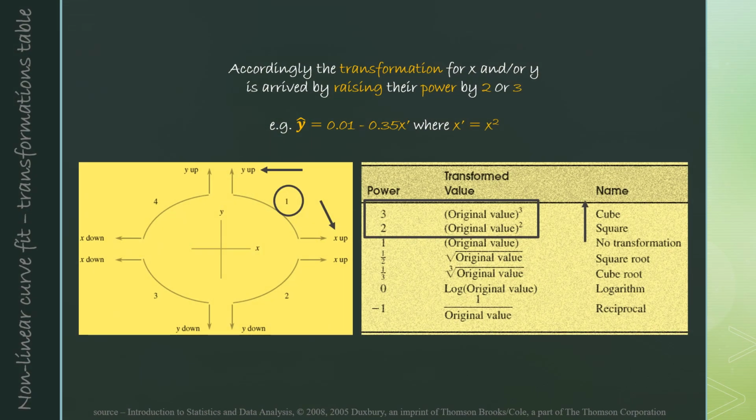Accordingly, the transformation for x and or y is arrived by raising their powers by either 2 or 3. For example, y hat equals 0.01 minus 0.35 multiplied by x prime, where x prime equals x square.